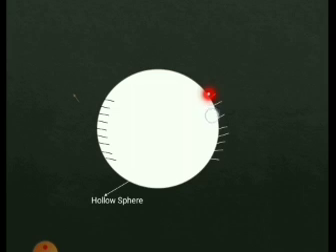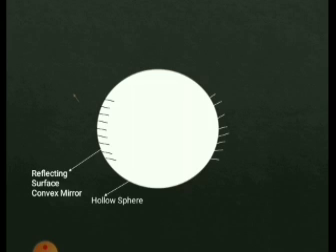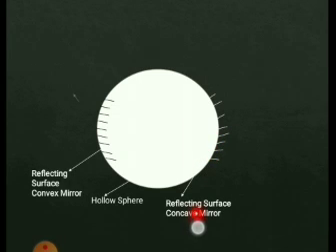So it is a cave structure. This surface is a reflecting surface, hence it is termed a convex mirror. Here inside is a reflecting surface, hence it is termed a concave mirror.